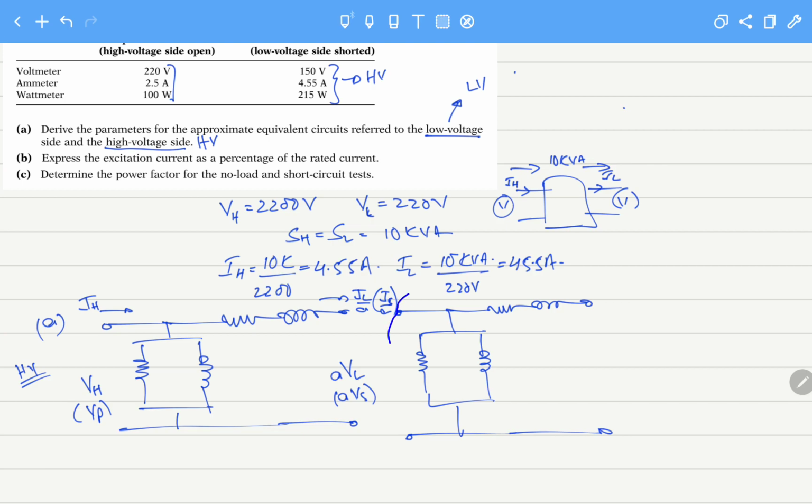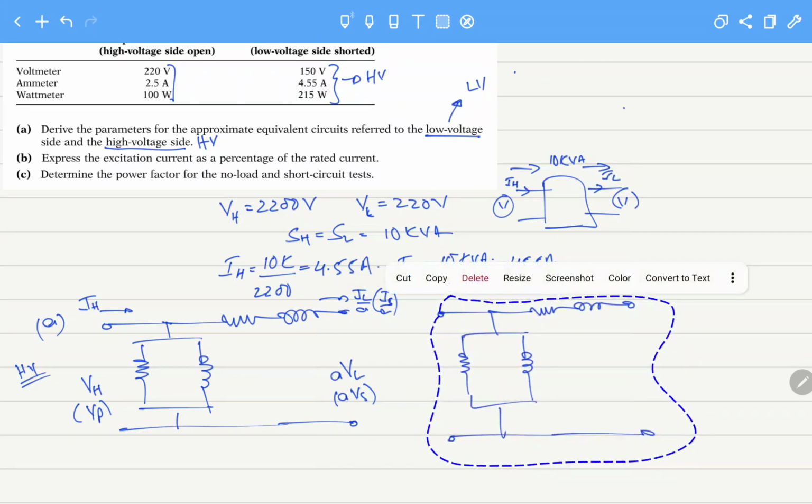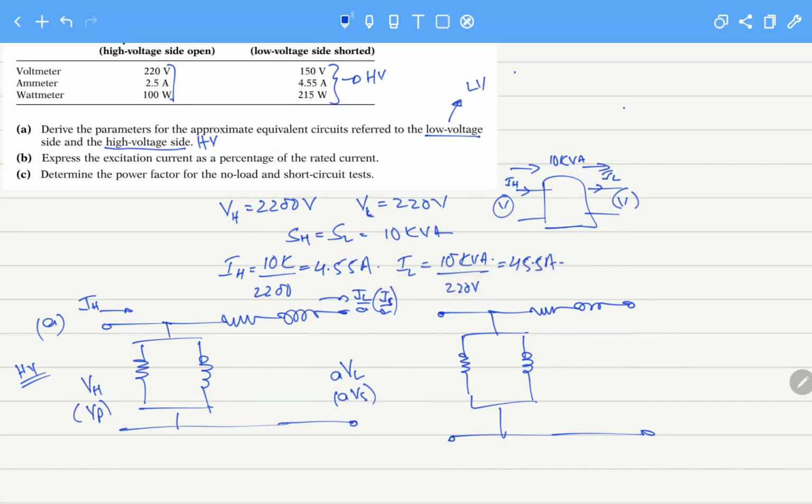And for the second model, if you look at the second model, what we will be having is reflected towards the secondary.